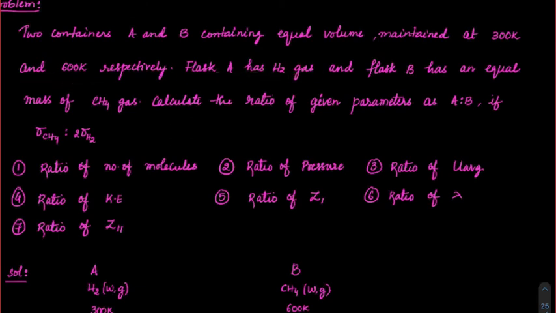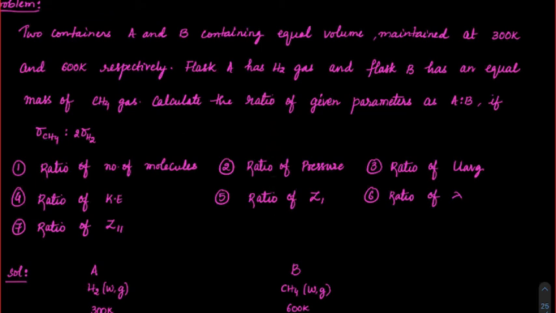Flask A has H2 gas and flask B has an equal mass of CH4 gas. Mass is the same, remember that point. Calculate the ratio of given parameters A to B. Ratio of their diameters is given.